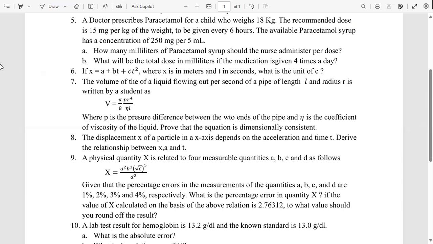Prove that the equation is dimensionally consistent.